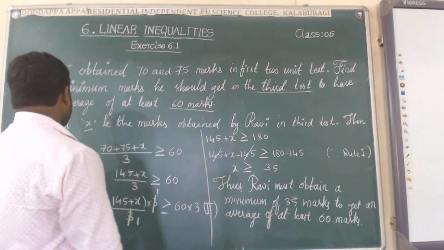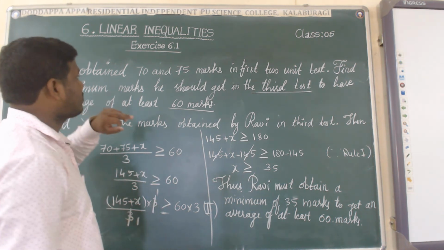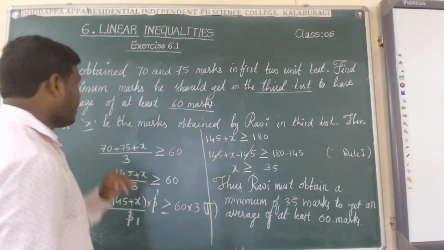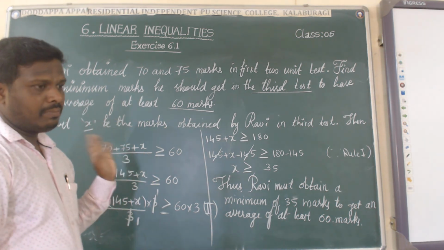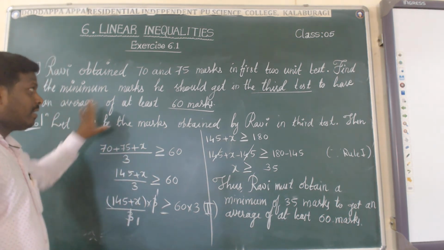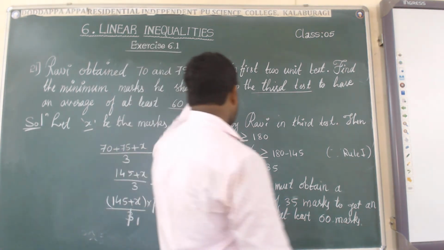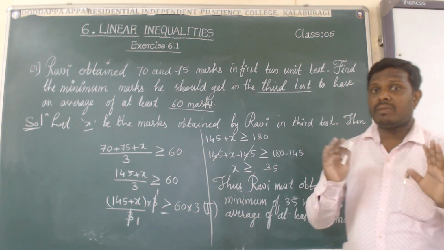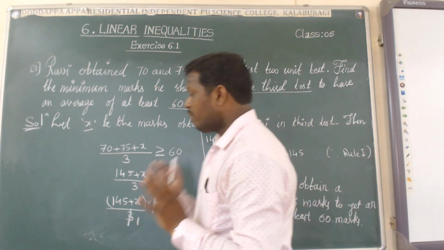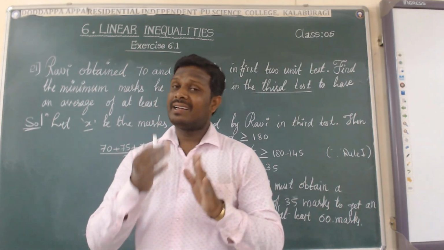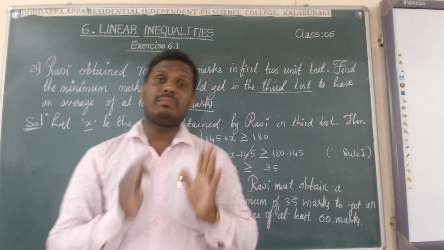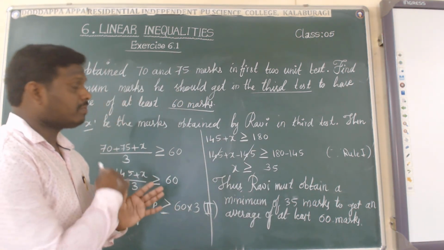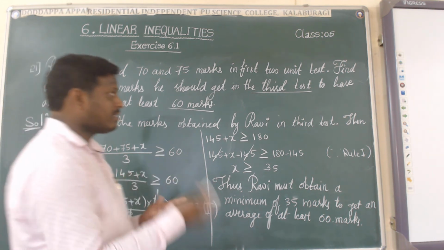Then they ask to find the minimum marks he should get in the third test to have an average of at least 60 marks. By using the given data, we have to find the minimum marks he has to score over these 3 tests.